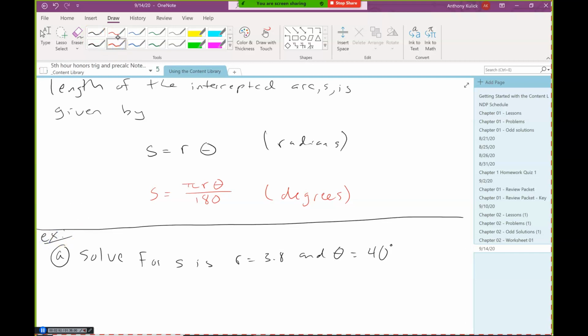Okay. So we're asked to solve for s if r is equal to 3.8 and theta is equal to 40 degrees. How do I decide which equation I'd want to use here?